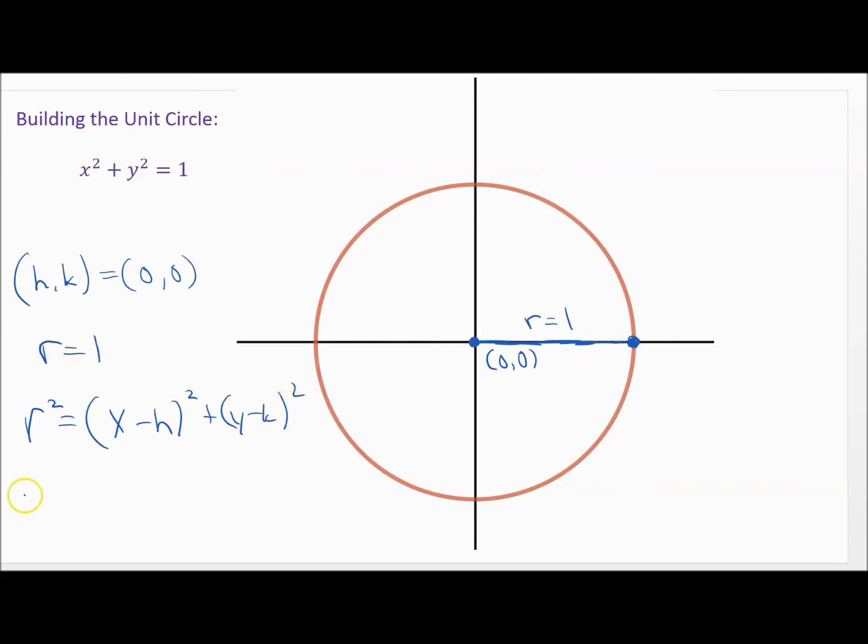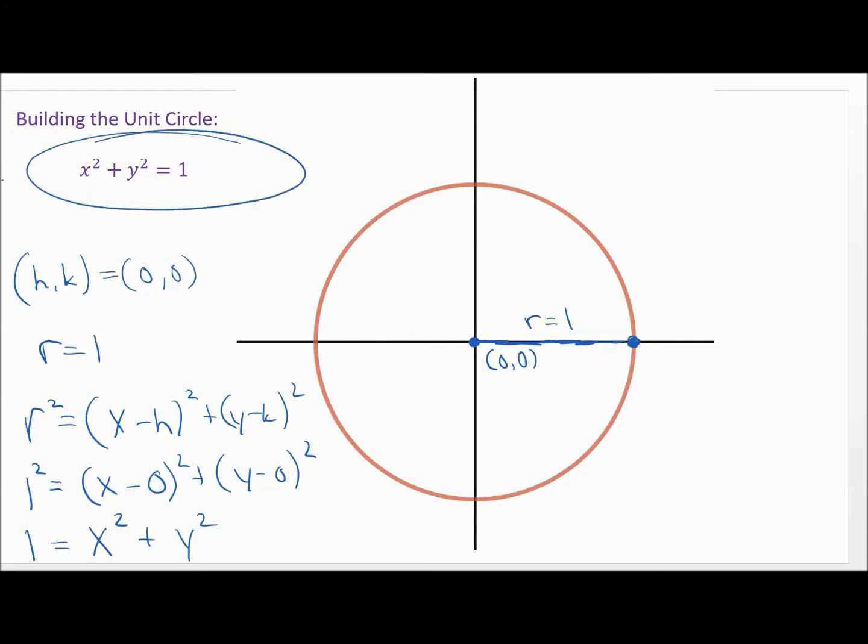So R is 1, so I have 1 squared is equal to x minus, again, my h value is 0, and so is my k value. Now if I simplify that, we know 1 squared is 1. X minus 0 is x, don't forget it's still squared, plus y minus 0 is y, and that's also still squared. And that gives us the equation of our unit circle.